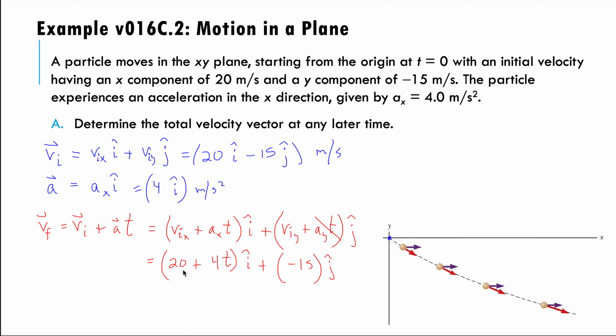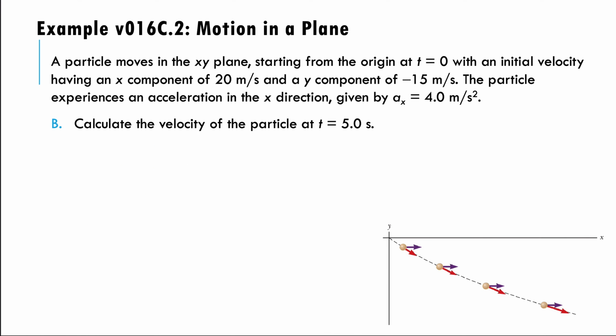So that's all there is to using kinematic equations, in this case in 2 dimensions. We're just writing the final velocity, and we can see that it depends on time in the x direction. Whatever time you have, you could just put it in and get a value for v final. It does not depend on time in the y direction, and it is fully written as a vector in unit vector notation.